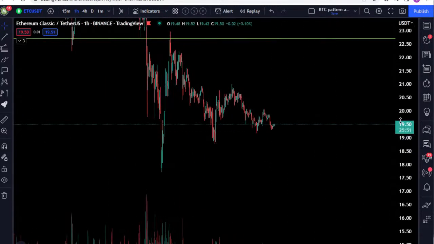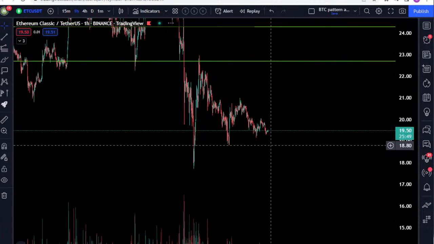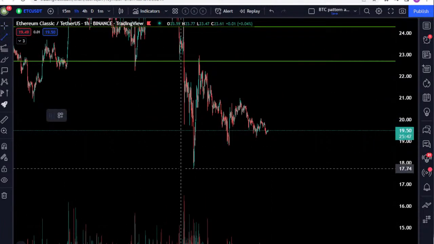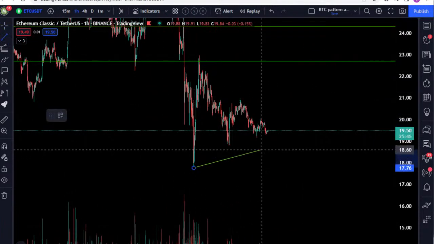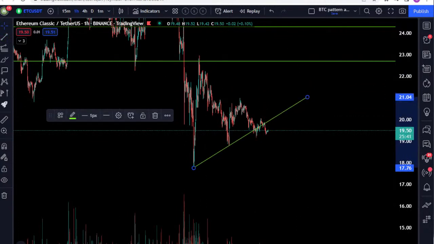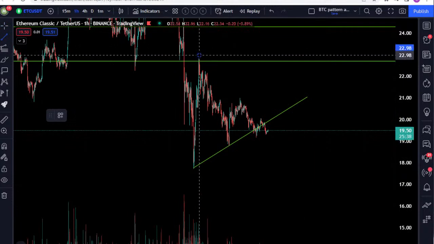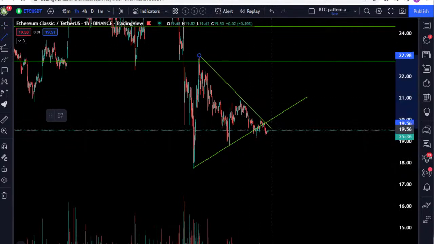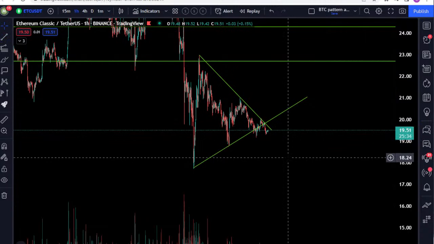It is in somewhat a bearish pennant, just like Bitcoin and some other coins. Everyone's talking about this now, bearish pennant that broke down to the downside, if you look at it that way.